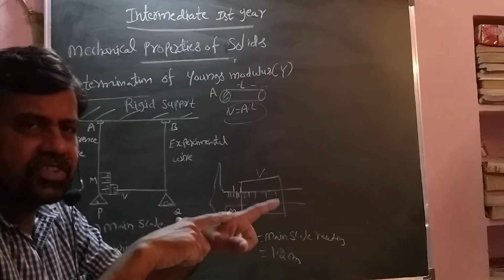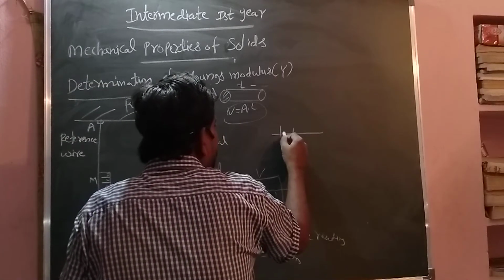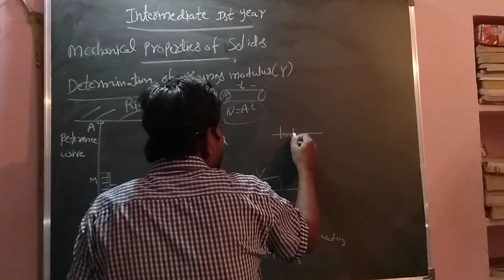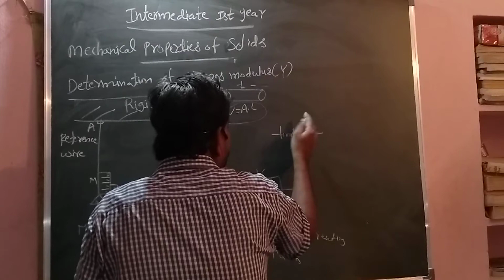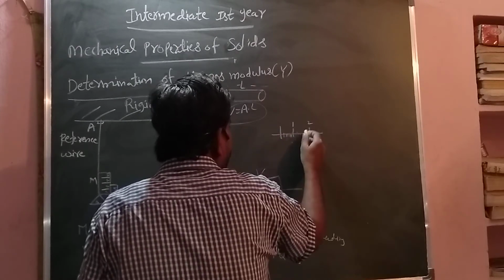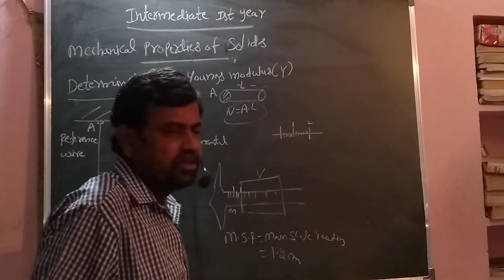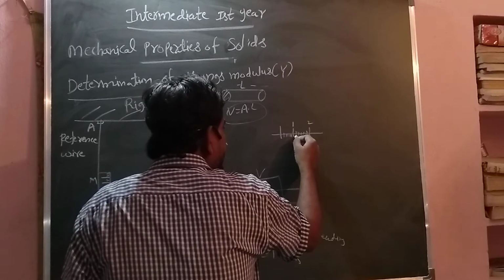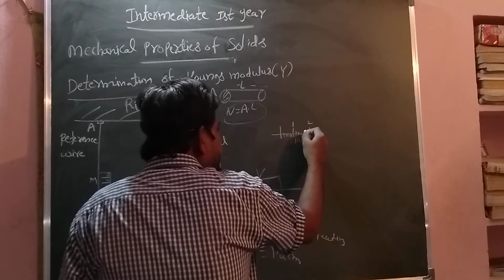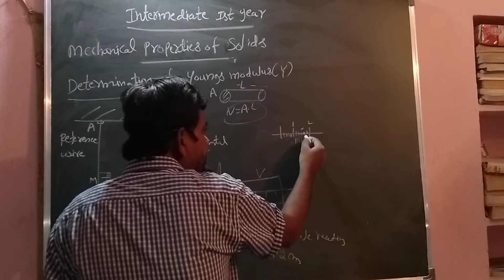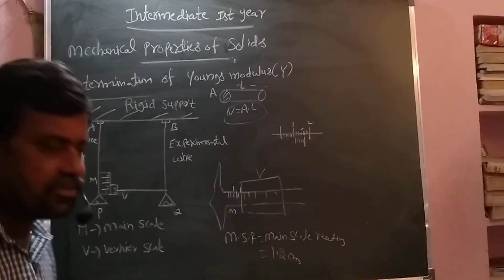For example, this is the main scale, and the numbers are in millimeters. The vernier scale also has 10 divisions. For example, I am assuming the 8th division perfectly coincides compared to all divisions. The 8th division forms one straight line. That is called coincidence, so the 8th is the coinciding division.